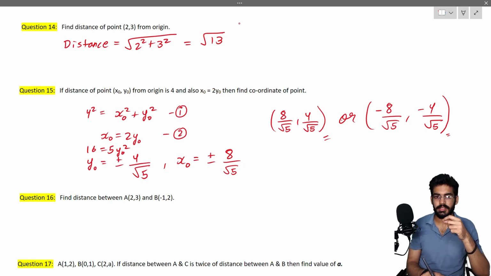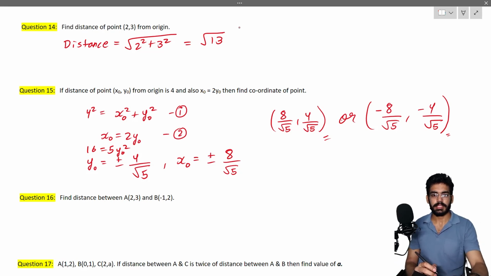Here we don't have a reason to ignore the minus sign, because a coordinate can be minus also, so we will find the corresponding x coordinates. That is plus minus 4 by root 5, so x naught is equal to 2 y naught, that is plus minus 8 by root 5. When we find the coordinates, we recheck in both the equations which we have, and it is satisfying, so both are the answers.